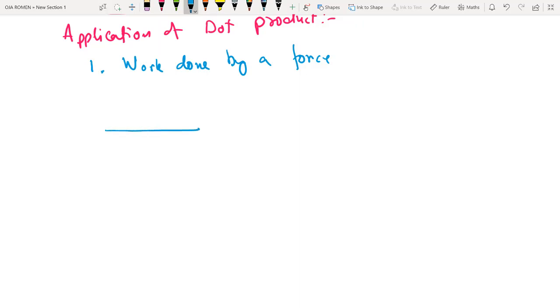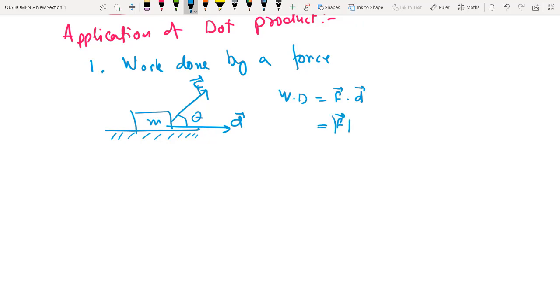We consider a body of mass m. A force F is acting along this, and the body moves along this. Angle theta is the angle between the direction of the force and the direction of motion of the body. Work done is defined as the dot product of force and displacement. From the definition of dot product, it is magnitude of F, magnitude of D, and cos of the angle between F and D.